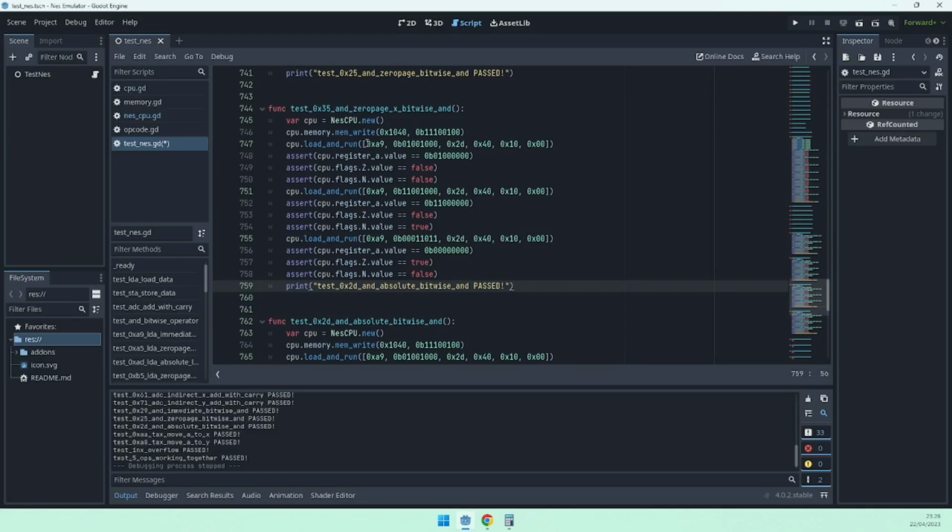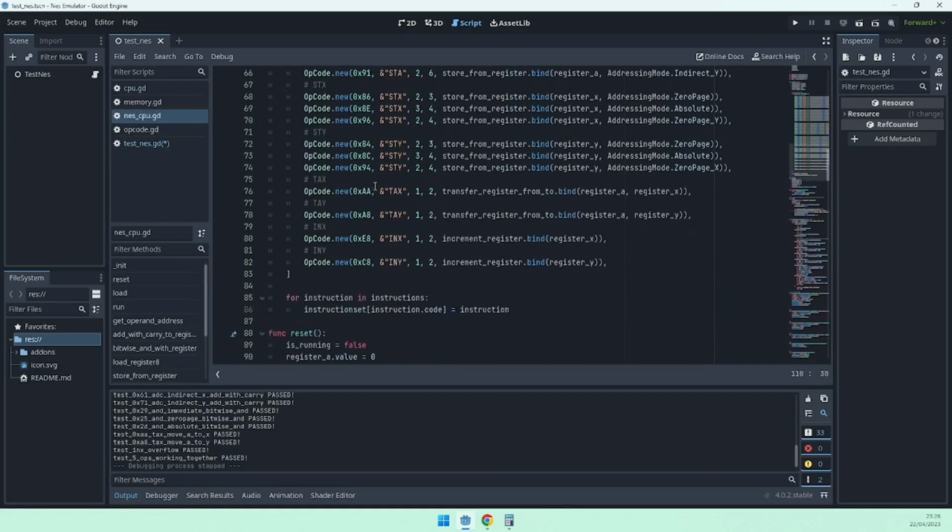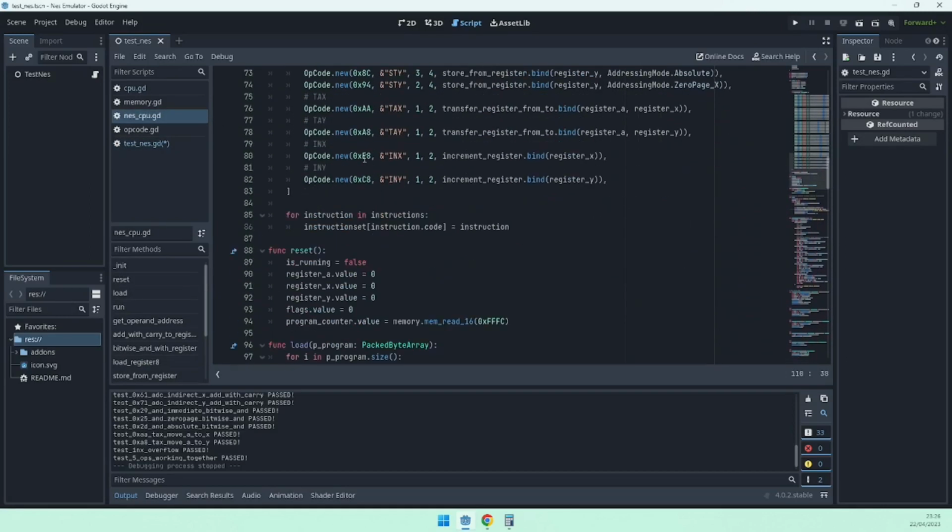So, we want to increase X. Let's say X was C8 or E8. Take a look. Increase X with E8.